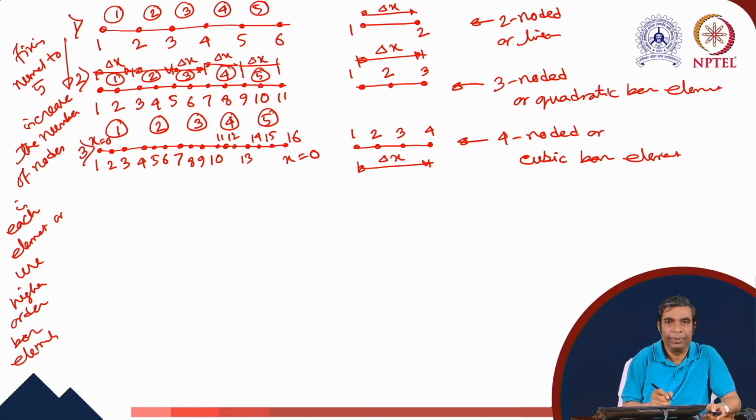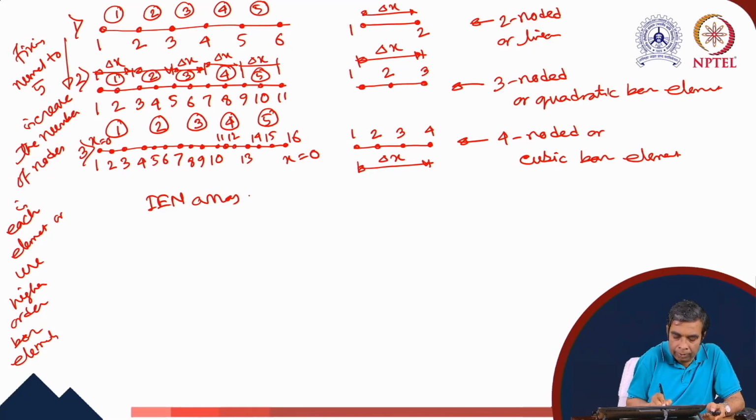If we generate the IEN array for this cubic bar element, then we can show it as the IEN array for the cubic bar element, that is case 3.